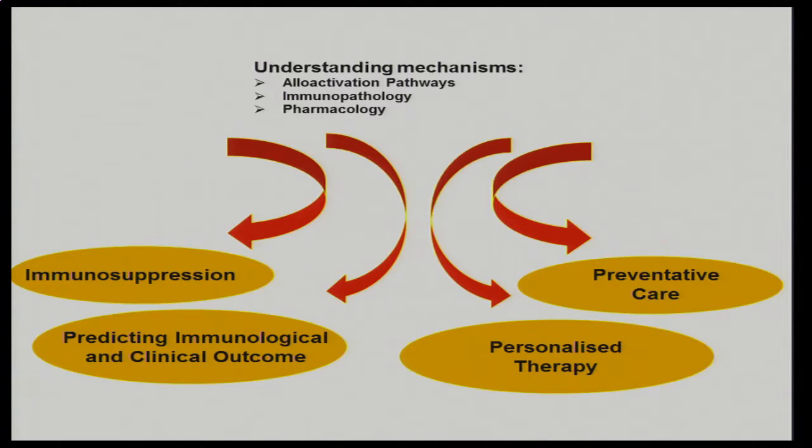Hopefully by the end of it, you'll understand how alloactivation, immunopathology and pharmacology allow us to understand immunosuppression, predict immunological and clinical outcome of transplants, and personalise our therapies, which is where medicine is moving towards. We can also look at preventative care in some of these patients and their outcomes, and how we might prevent the adverse outcomes.